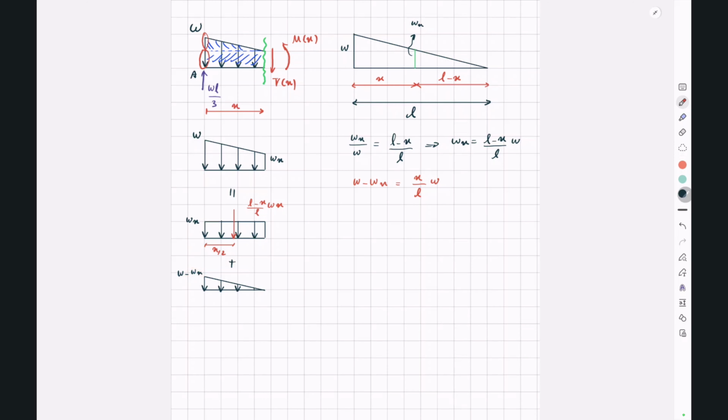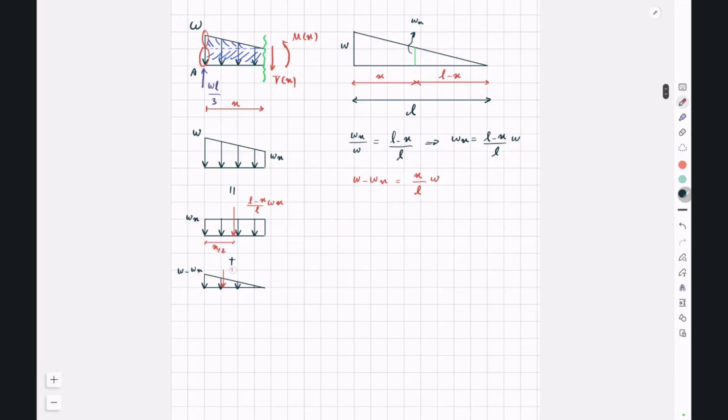So for W minus Wx, we have X over L multiplied by W. The length is X, and the centroid will be X divided by 3 from the larger side. So somewhere here we have X over L multiplied by W multiplied by X divided by 2, or W over 2L X to the power of 2. And this distance is X over 3.